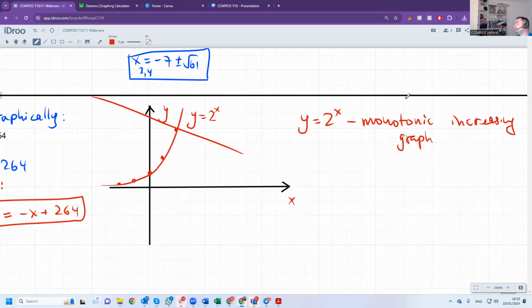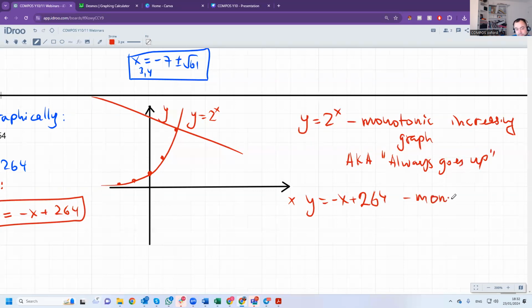That simply means that it always goes up. And y equals minus x plus 264 is a monotonic decreasing graph, so it always goes down.